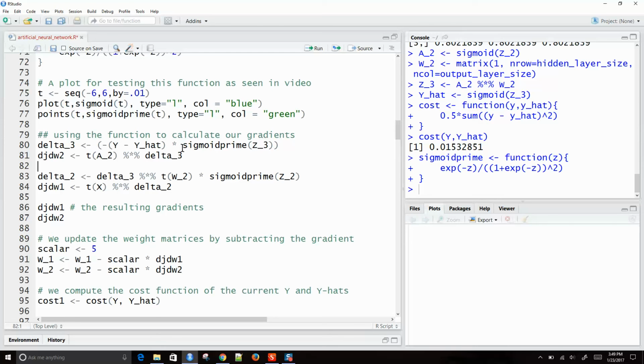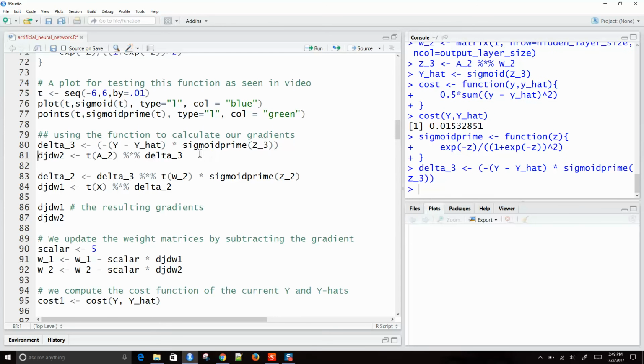Okay, so we've defined delta 3 as that, and then we said the derivative with respect to W2 is going to be the transpose of A2 and delta 3. So we've defined that.